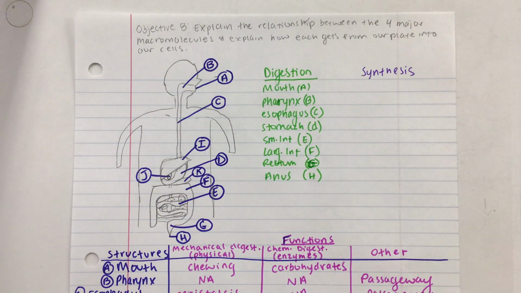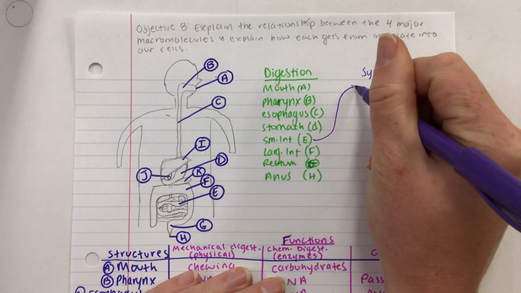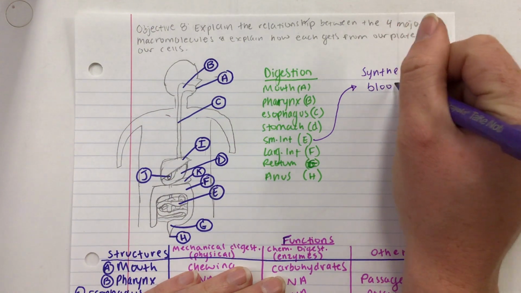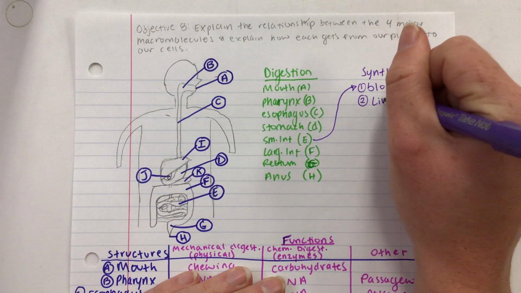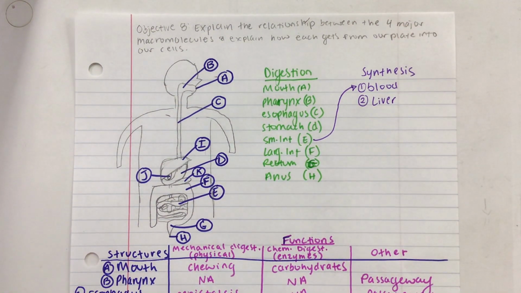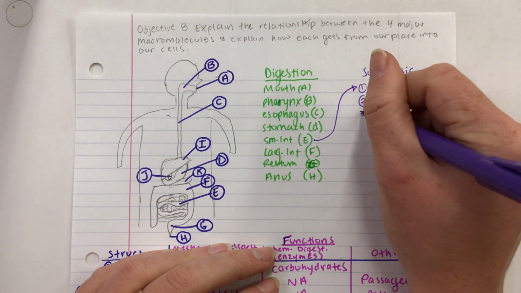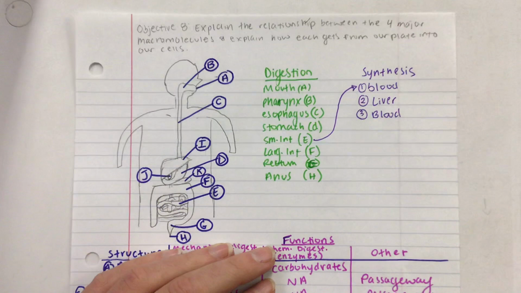Next, we have synthesis. So once we get these nutrients absorbed from the small intestine, they're going to hop on into the blood. Just list these. Then they're going to go to the liver. The liver is really good at filtering out different things and sending them to where they need to go. From the liver, they're going to go back into the blood in different pathways to different areas of the body.